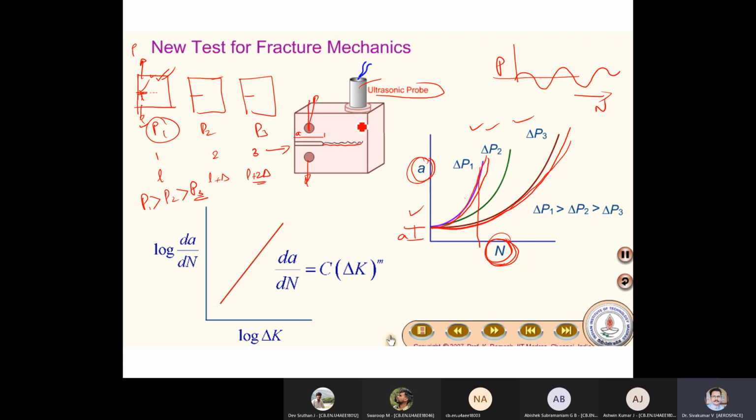It has been studied, so this kind of test people carry out: same material, same crack length, everything same. This kind of study will help them make data called dA by dN, log scale, with respect to log K. This is the slope, dA by dN, the change of crack with respect to K. This is a very important graph.